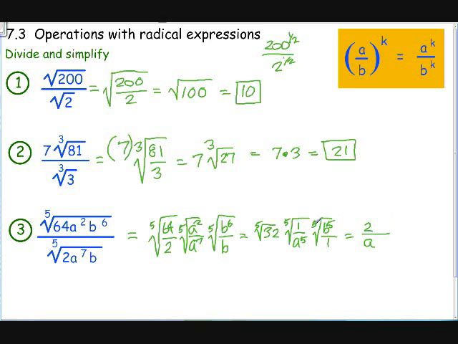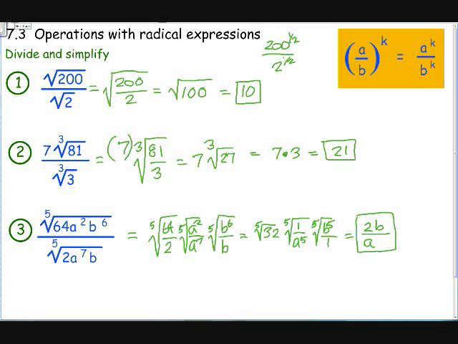And then I've got the 5th root of b to the 5th, which is b. I love working with the odd roots. They're so much easier. So dividing and simplifying. We use the properties of exponents there to help us get through to that and to get to some really beautiful simplifications.